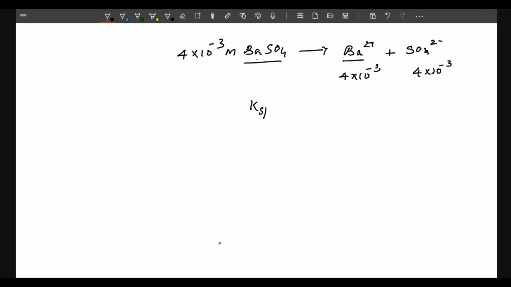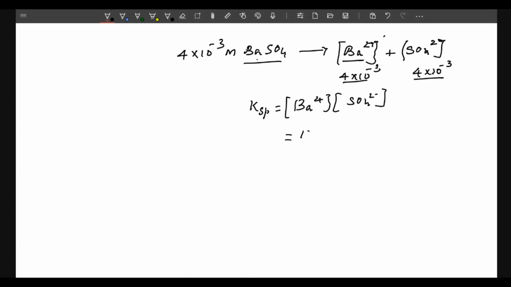Solubility product is equal to the concentration of the ion raised to the power of the number of ions present. Here only one ion is present. Therefore, barium 2 plus ion concentration into sulfate 2 minus ion concentration. Put the values and you find 16 into 10 power minus 6, equal to 1.6 into 10 power minus 5.